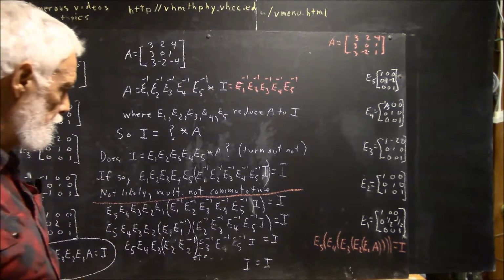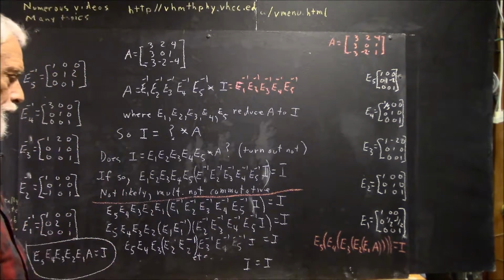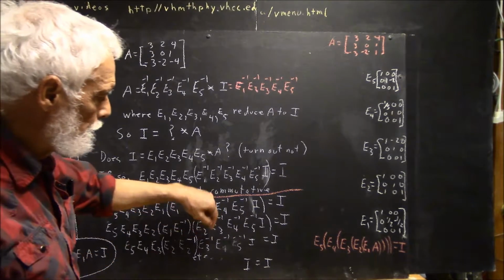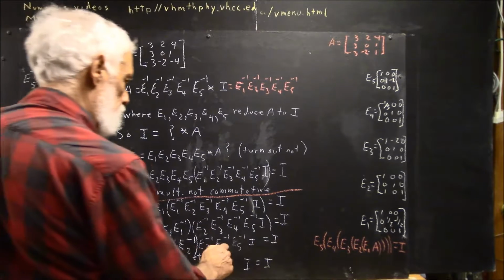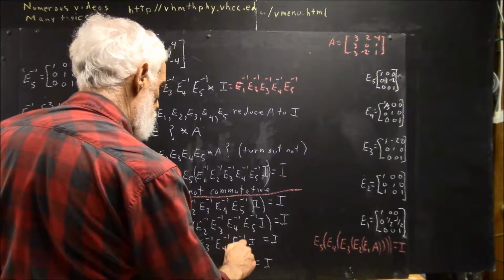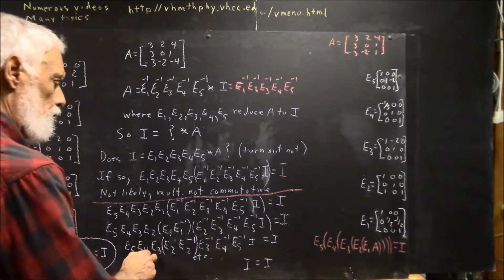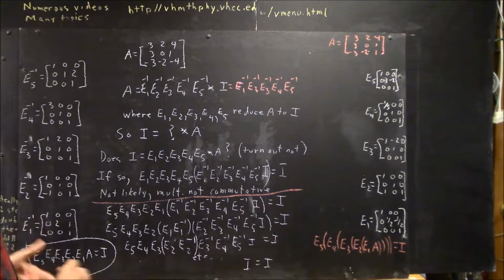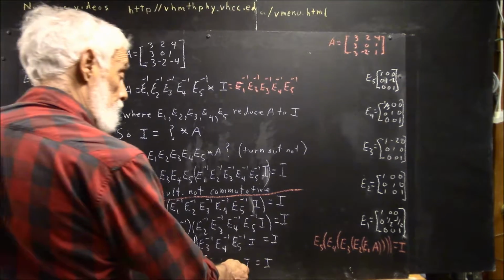The same thing's going to happen, and now we're just going to have E5, E4, E3 times E3 inverse, E4 inverse, E5 inverse. If we continue the process, each matrix here will end up next to its inverse, multiply out and give us I, so that ultimately we just get I.